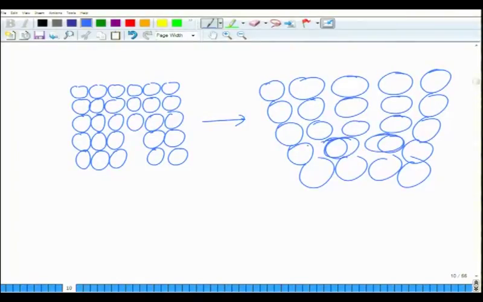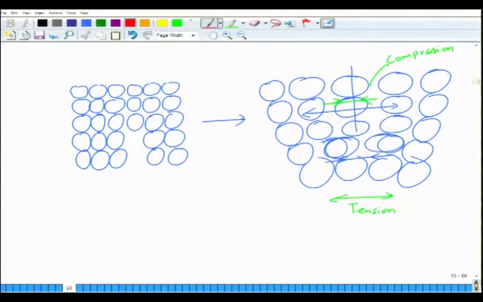So this is an extra row of atoms. This extra row of atoms has created a strain in the lattice. This part has expanded and this part has contracted. As a result, this part will be under tension and this part will be under compression. And this kind of dislocation is called edge dislocation.